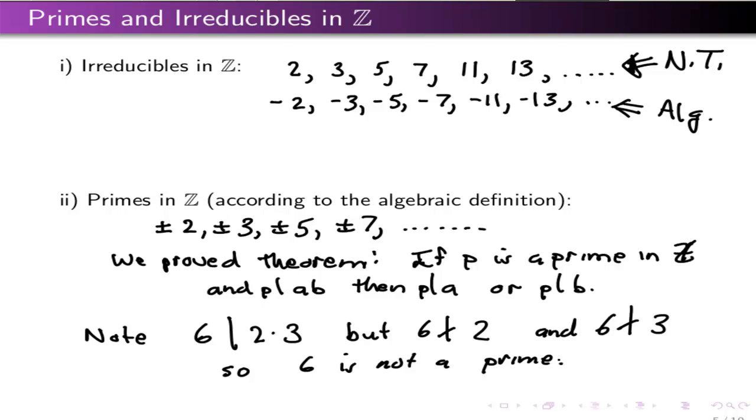And likewise, any composite integer would fail to be a prime in the algebraic sense. So in the integers, primes and irreducibles mean the same thing. Unfortunately, that's not true in all domains.